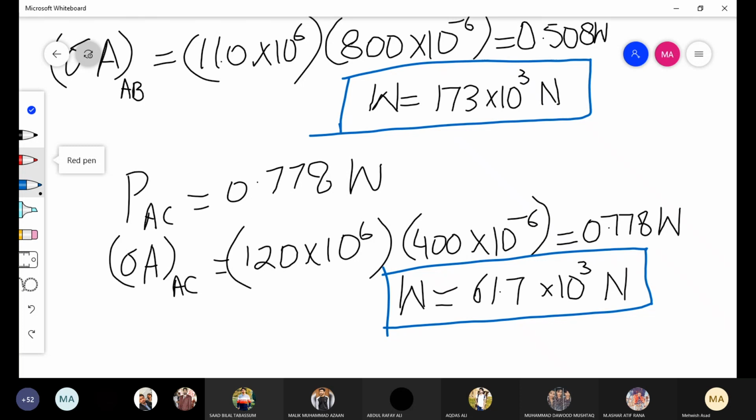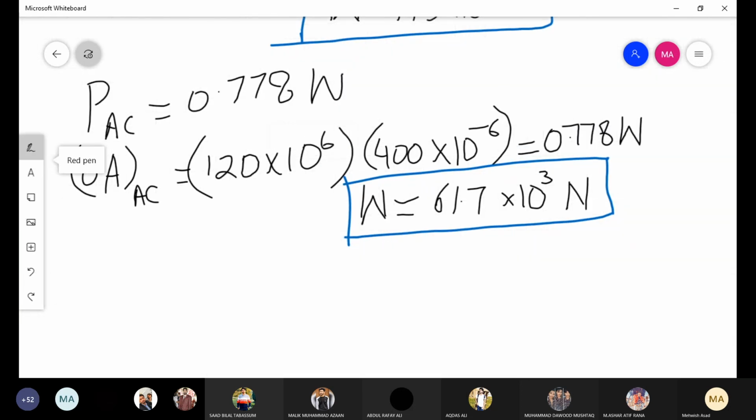If we apply 173, it can be safe for the member AB, but AC member will fail because its load carrying capacity is less. So the least among these two values will be safely applied to the structure. So the result in our case becomes the safe value of load.